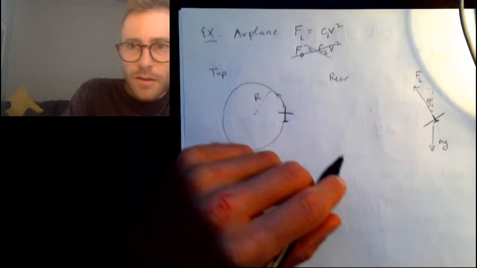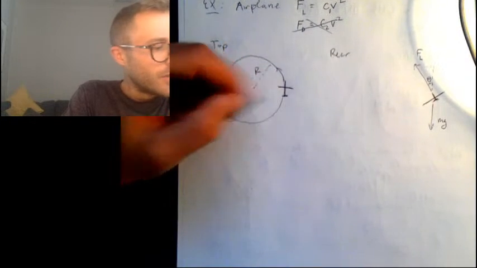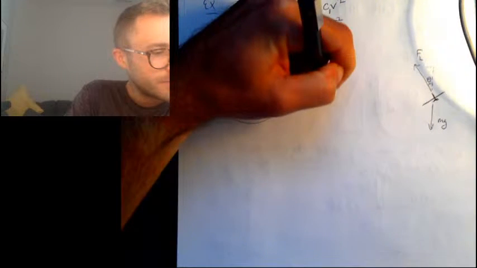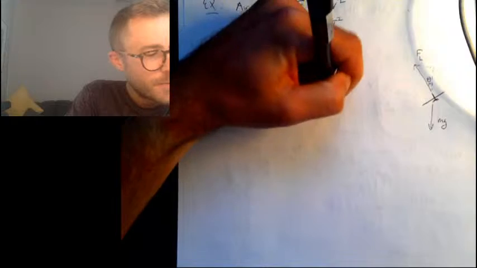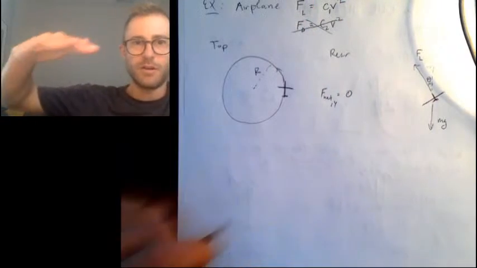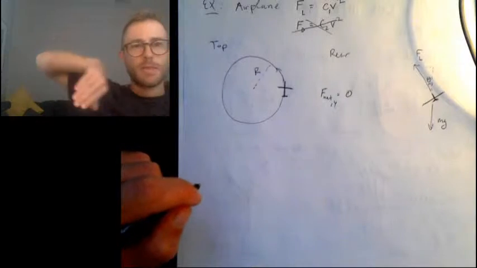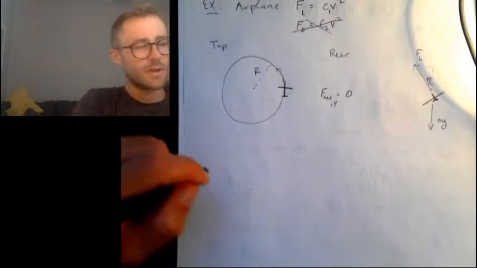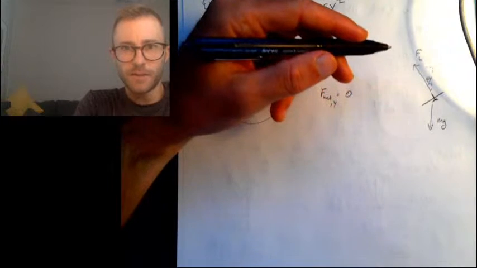So, what do we have here? Well, the net force in the y direction has to equal 0. Why? Because the airplane is undergoing a level circle, so it's going in a horizontal circle. So what are the vertical forces?